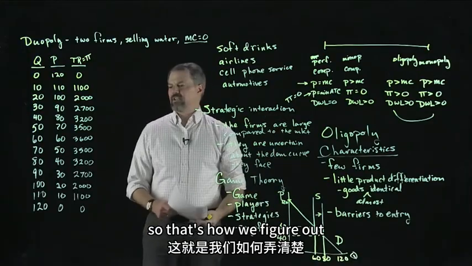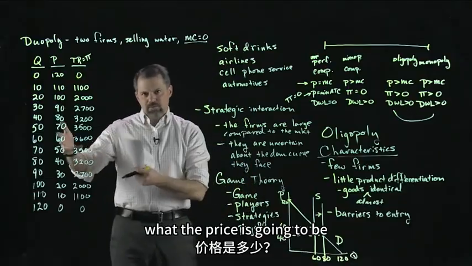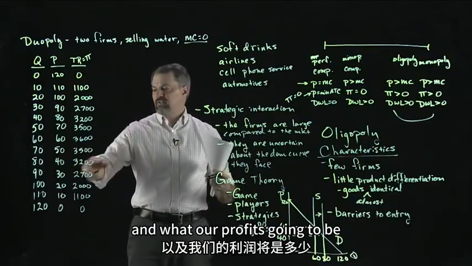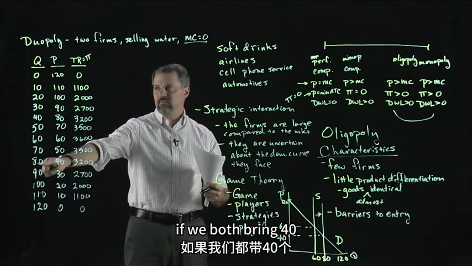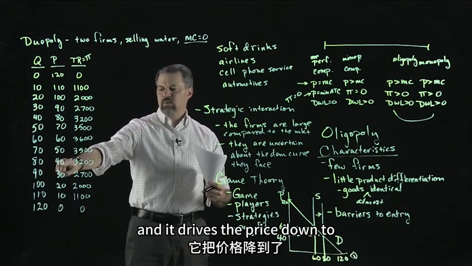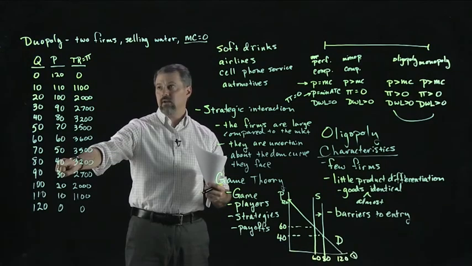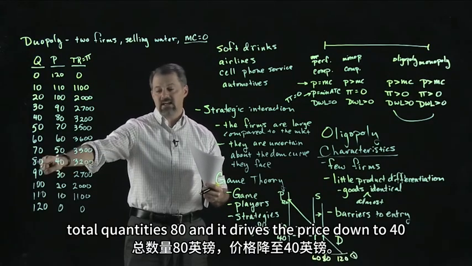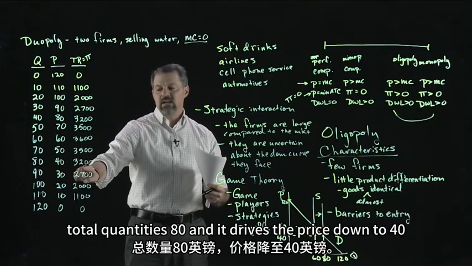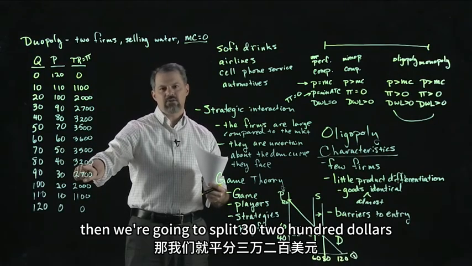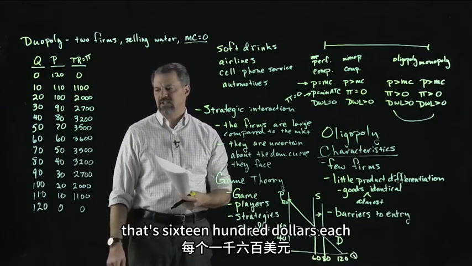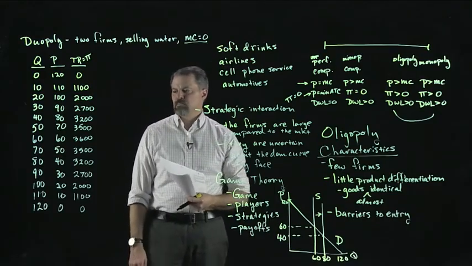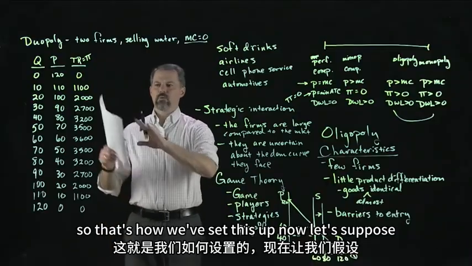So that's how we figure out what the price is going to be and what our profit's going to be. If we both bring 40, total quantity is 80 and it drives the price down to 40, then we're going to split $3,200. That's $1,600 each, right? So that's how we've set this up.